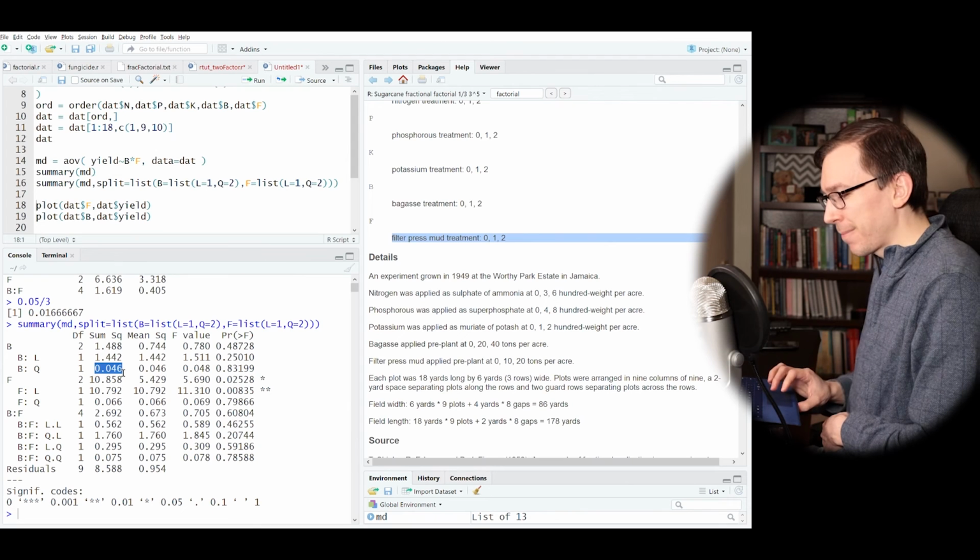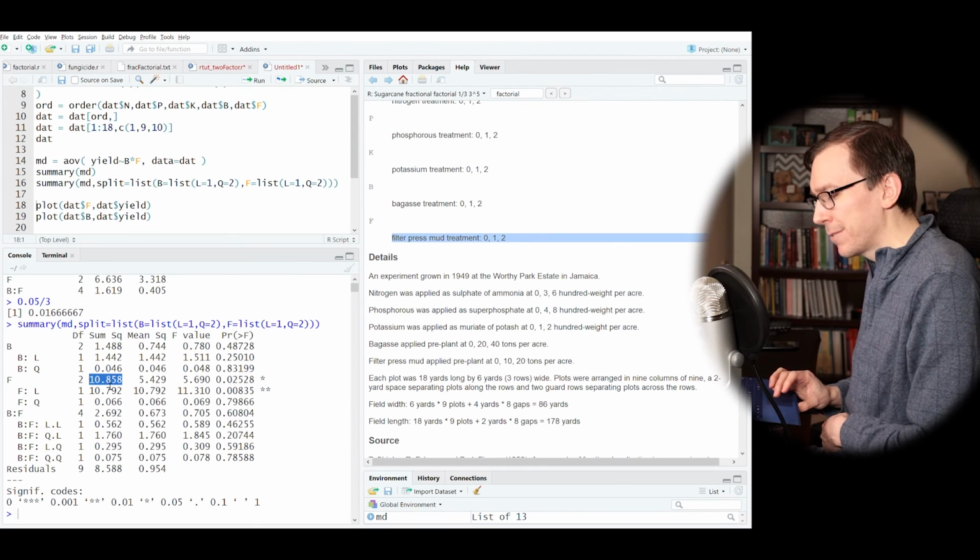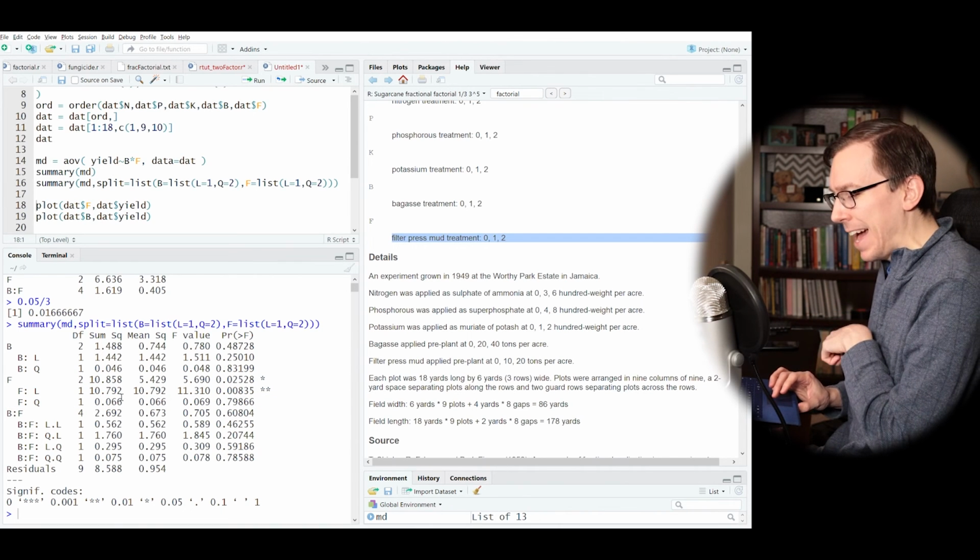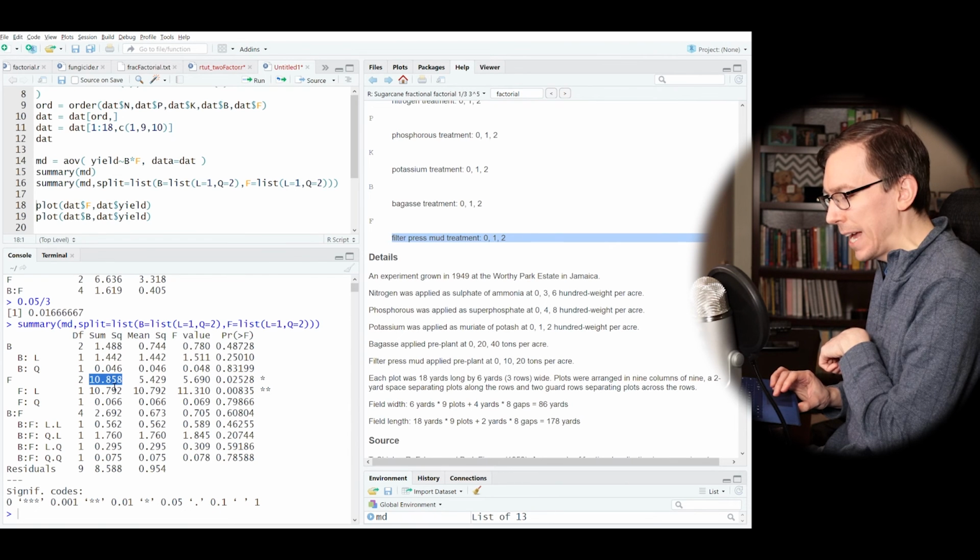Now, similarly, we see the exact same thing happening for F here. F was sort of significant at some level. It had a p-value of 2.5%, which is getting small. But more interestingly, when we split up by the polynomial contrasts, we see that we have a linear and a quadratic. Now, most of the sum of squares is in the linear contrast, not the quadratic. And just to make sure it's clear, if I add this number and this number, I get the sum of squares for F in total.